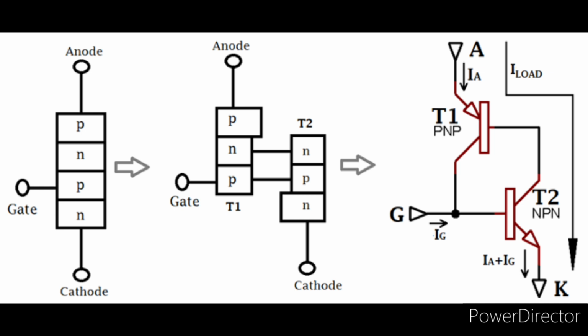Now you can understand the difference between a transistor and a thyristor: in a thyristor, even if you remove the gate voltage, both transistors, that is the thyristor device, will stay turned on until we switch off manually. Whereas in a transistor, when there is no base current, the transistor gets off.